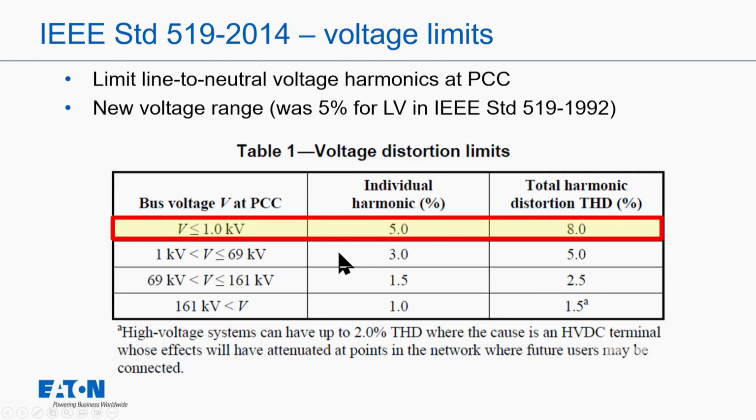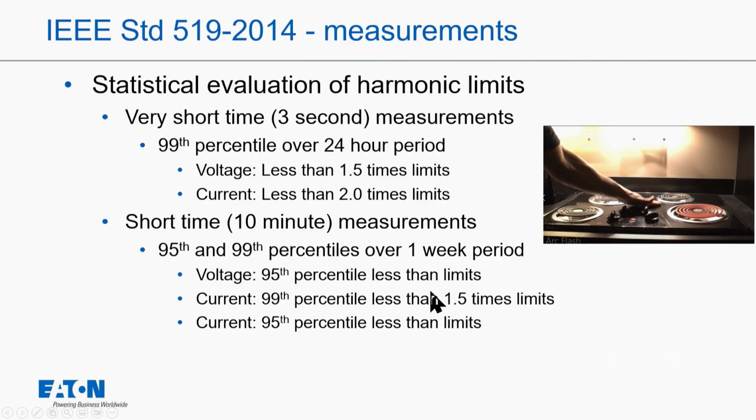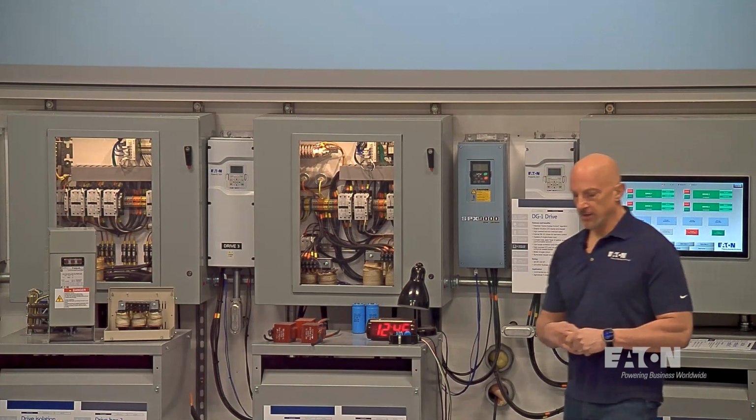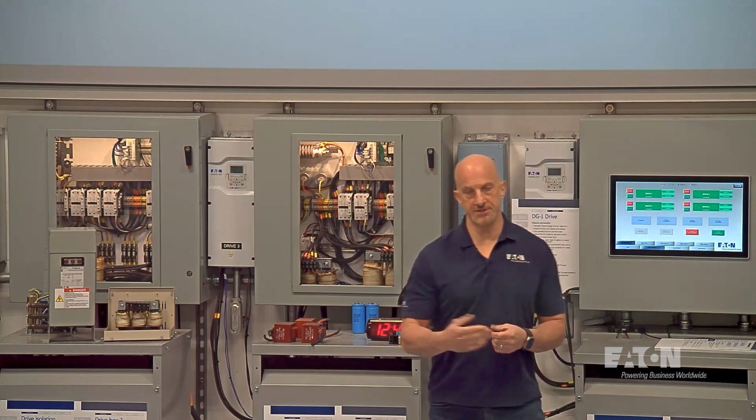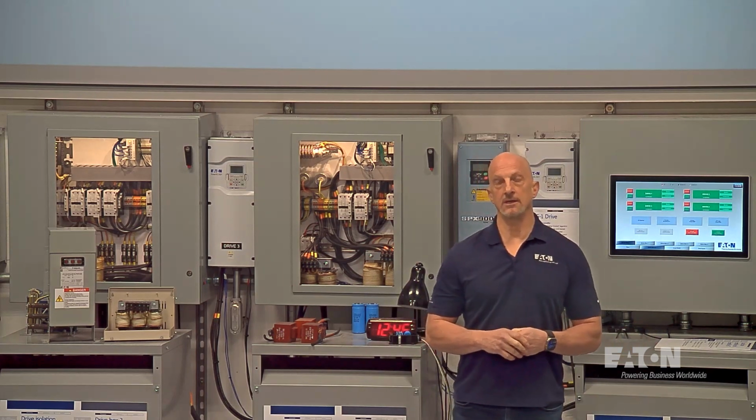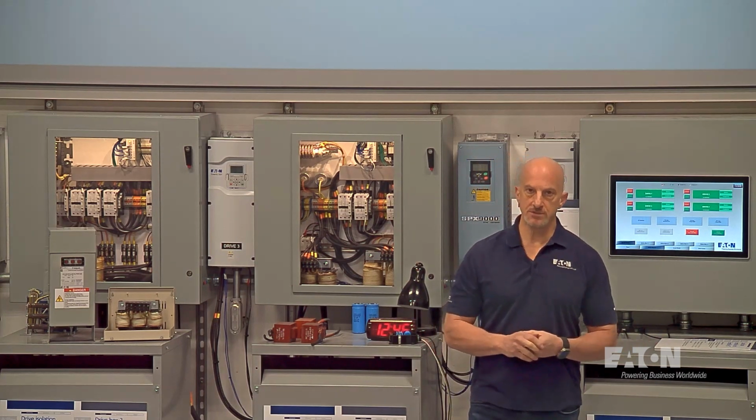Now, the more recent updates from 2014 went into an increase of voltage distortion from 5% to 8%, so that carried over into the 2022 one as well. And then the only other change was with statistical limits in the 2014 one that superseded the 1992 standard.